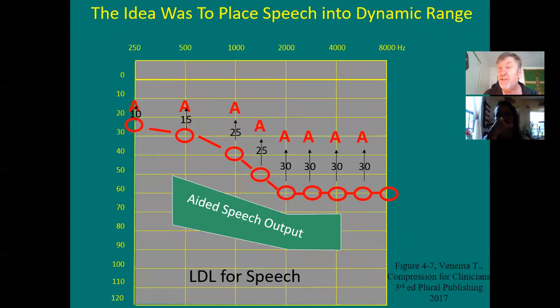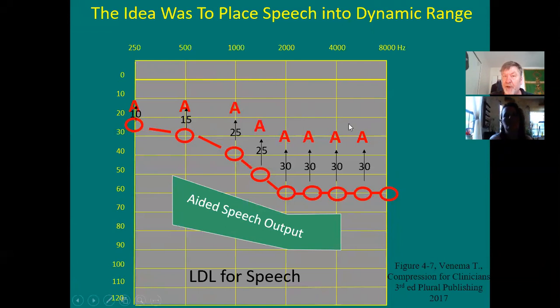That would be the idea behind functional gain. In the days of functional gain, they didn't have Real Ear, so you had no way to visualize what you were really getting. This might be the half gain targets. If it was Berger targets of the old fitting methods, the A's would be slightly different. I think the A at 2,000 would be up here.